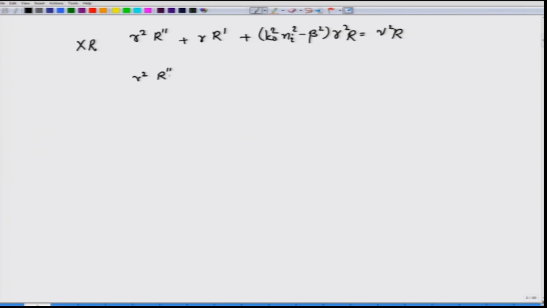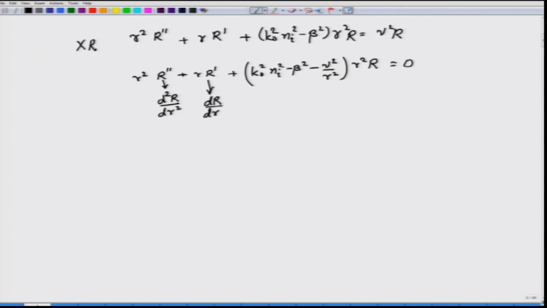So, now I have r square r double prime plus r prime plus k 0 square n I square minus beta square minus nu square by r square times r square capital R equals 0, and r double prime is basically d square R by d r square and r prime is d capital R by d r.